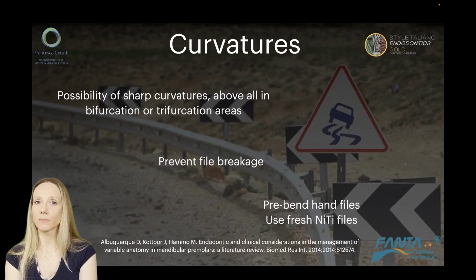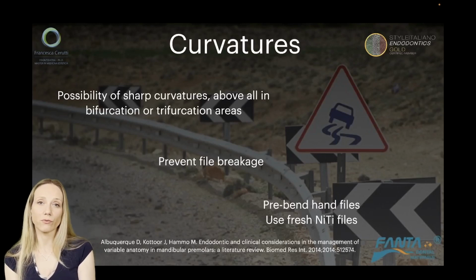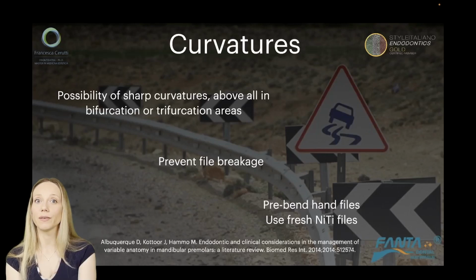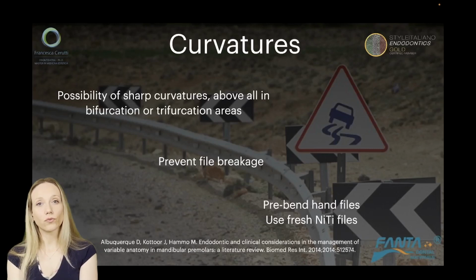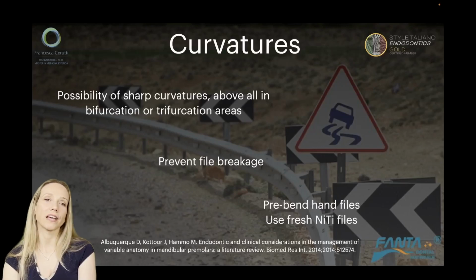And how do we prevent file breakage? First of all, as I said before, the coronal preflaring, because I want only a small portion of my file to work every time I'm using it. I do not want my endodontic file to work for its entire length. Otherwise, the stress concentrating on that file will be extremely high. I can pre-bend hand files in order to follow better the curvatures of the tooth, and of course use fresh, brand new NiTi files.